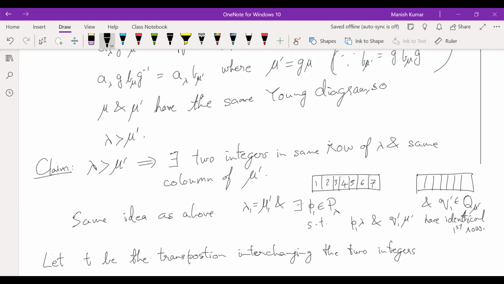I mean, it only changed the first row of this, and it changed various columns of Q, but it didn't interchange entries between columns. Yeah. So no two integers are in the same row of P1 lambda and the same row of Q1 prime mu as well. So you can continue this way.